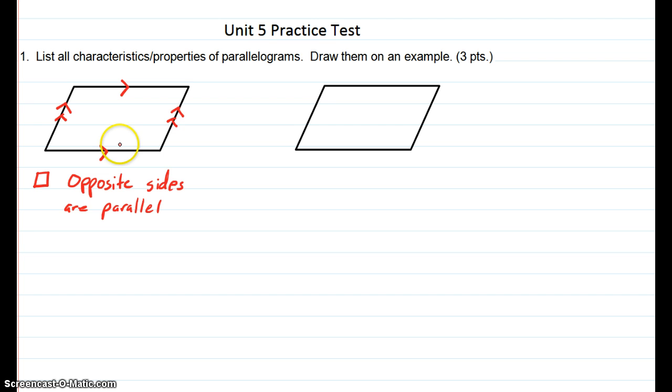Opposite sides are parallel. The next thing is that the opposite sides are congruent. So the opposite sides are congruent.